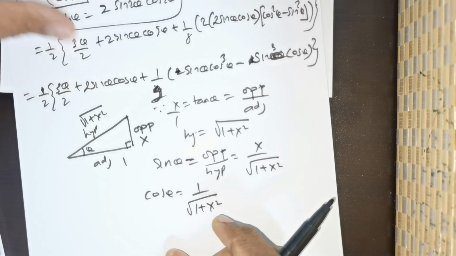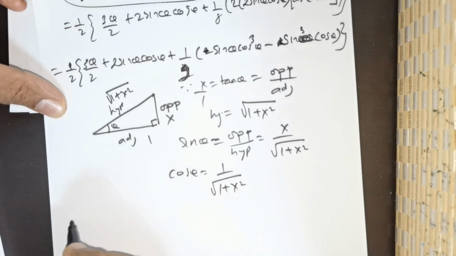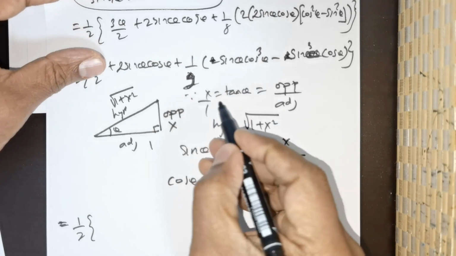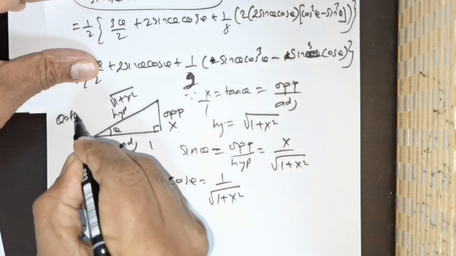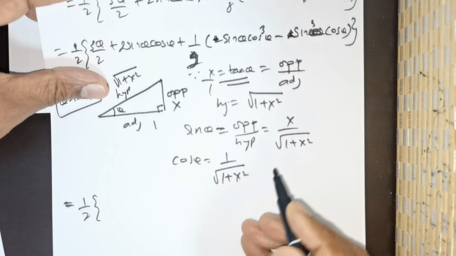So what you need to do is take these values and substitute it here. So if I were to do that, this is going to be equal to 1 over 2 times, I do not have a theta, in other words I have to evaluate the value for theta, because theta also has to be found, right? So from here theta is tan inverse of x. So you can substitute that.